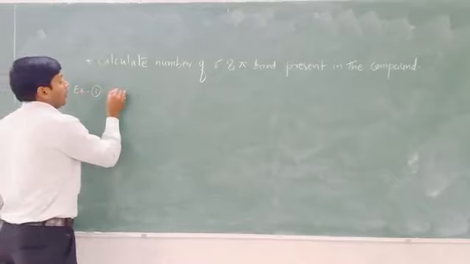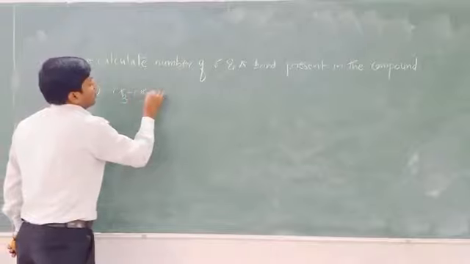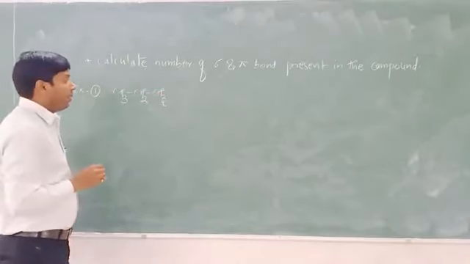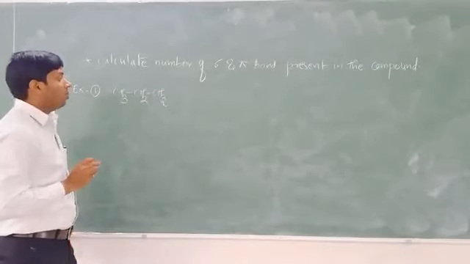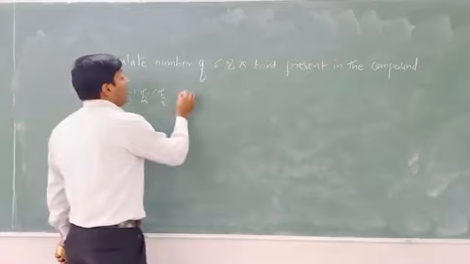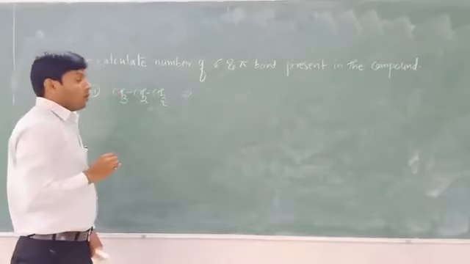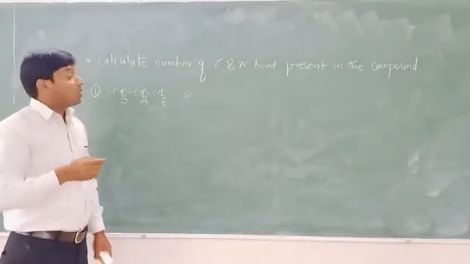One of the examples: CH3 single bond CH2 single bond CH3. This is one of the simple examples. It is an alkane, and the name of the compound is propane. To find the number of sigma and pi bonds present, first you have to write this compound in structural form.